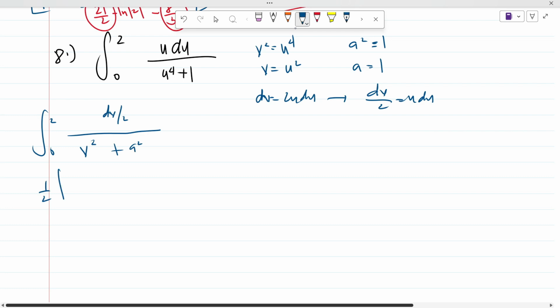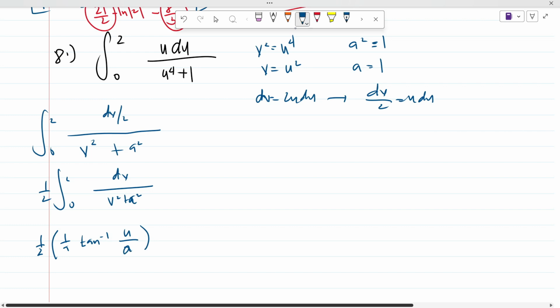So, 1 half, 2, 0, dv over v squared plus a squared. So, this format, guys, is into what? Tangent, diba? Arctan. Gets? So, 1 half. So, 1 all over a tangent of u all over a. Diba, guys? Yun yung formula niya, guys, di ba?